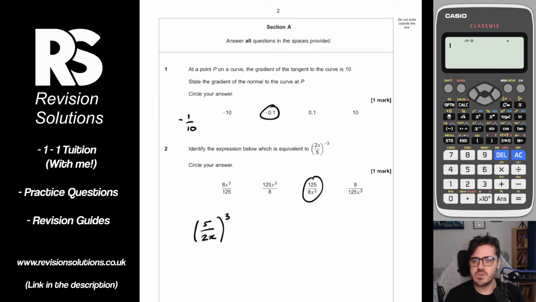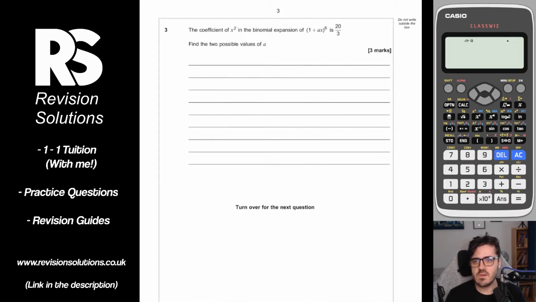Moving on now to question 3. It says the coefficient of x squared in the binomial expansion of (1 plus ax) all to the 6 is 20 over 3. Find the two possible values of a. So first let's start by using a binomial expansion formula to get an expression for the x squared term of that expansion. So (1 plus ax) all to the 6.